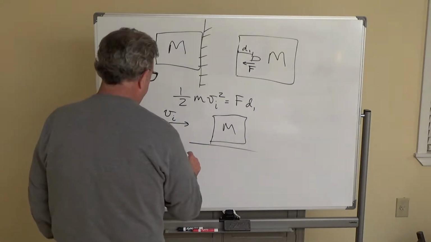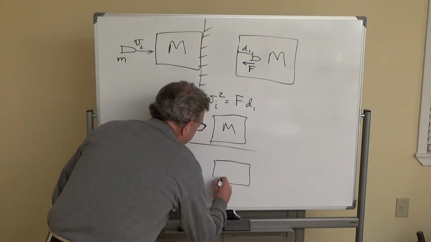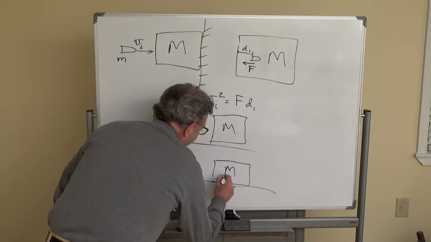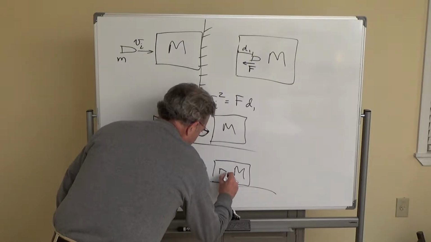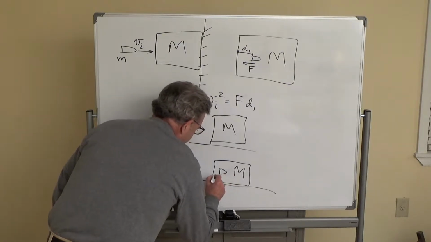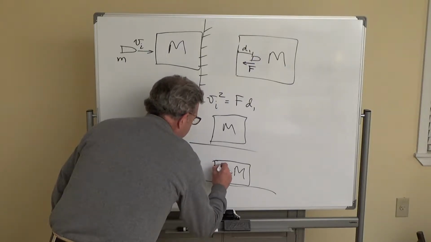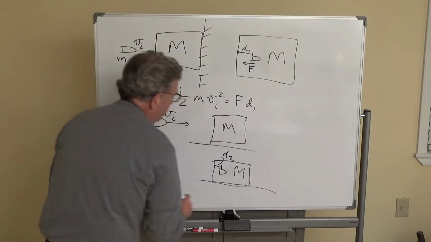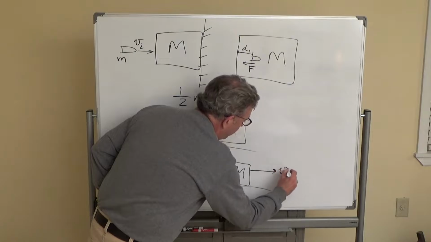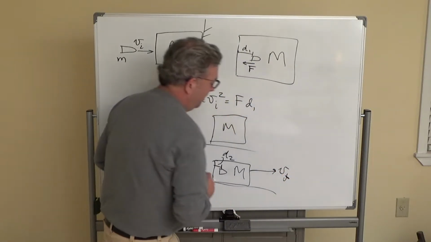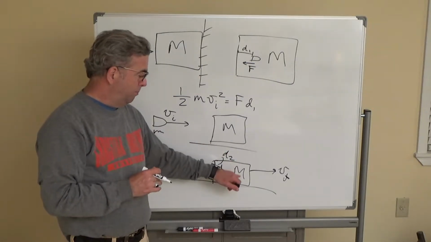At some later time, you have the big mass, and the bullet is embedded in this, and I'll call that little distance D2. And this is some V final, the final velocity of the bullet-block system.